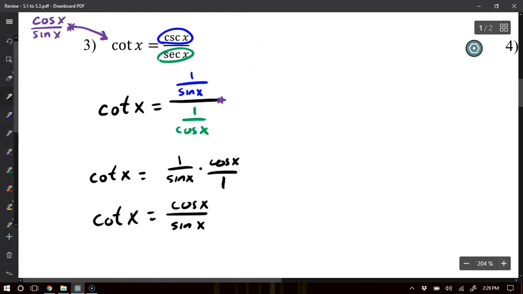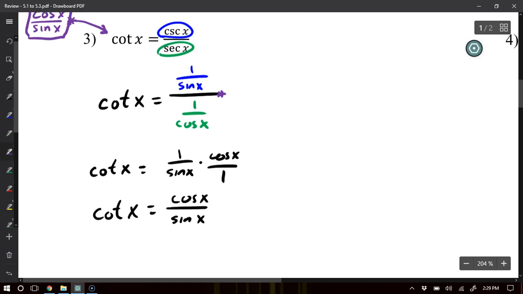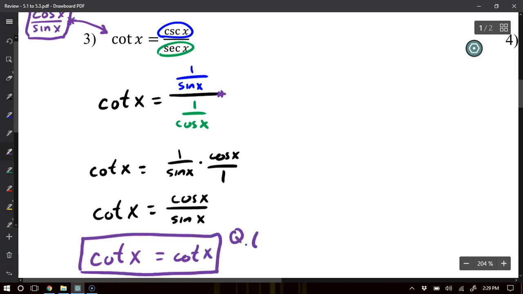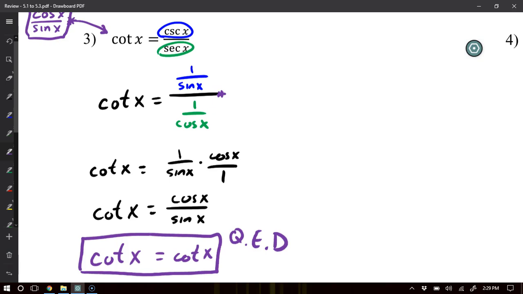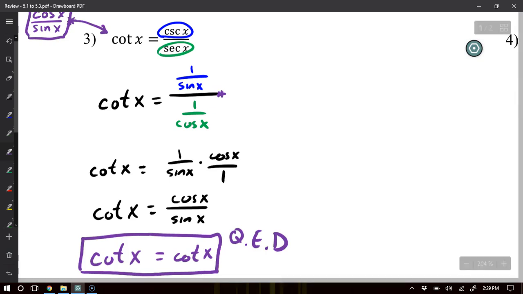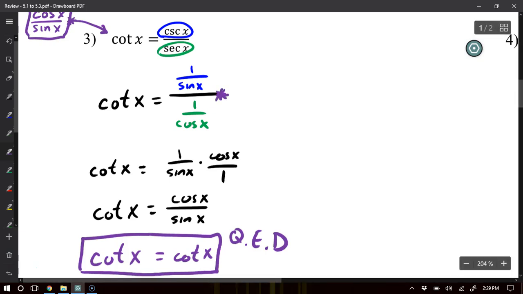And that is exactly what I said we would probably want to create. And so my last line is cotangent of x equals cotangent of x. We can box it. Q.E.D. We have demonstrated the left-hand side equals the right-hand side. So that one, pretty straightforward, but again, the theme with divided by a fraction popping up.